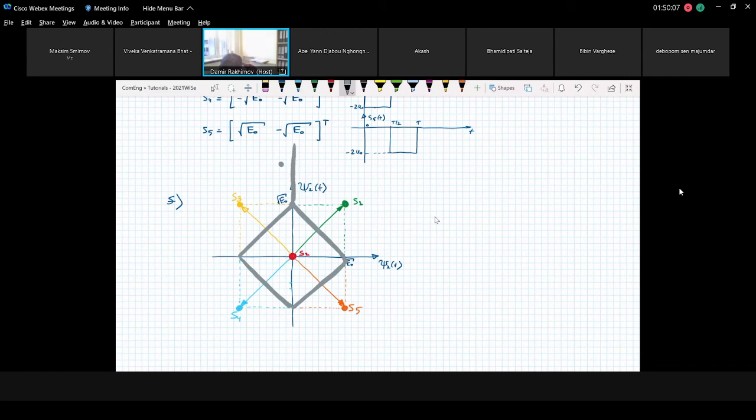I don't go closer to S2 because this region corresponds to symbol S2, and I need to go above because I need to specify what happens between S3 and S1. And I continue this for all directions. I mean, for the rest of not the nearest neighbors, for example, S1 and S5. And this is how this boundary will look. And again, I don't go closer to S2 because this is a region.